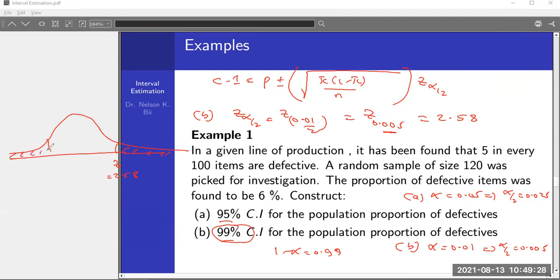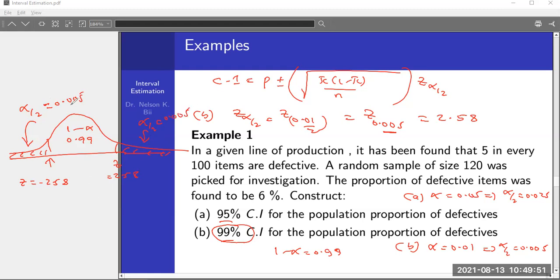Okay, so on this side you have z here is negative 2.58. So inside here we have 0.99. That's 1 minus alpha. Okay, so this area here is alpha by 2, which is 0.005. This area here is alpha by 2, which is 0.005.